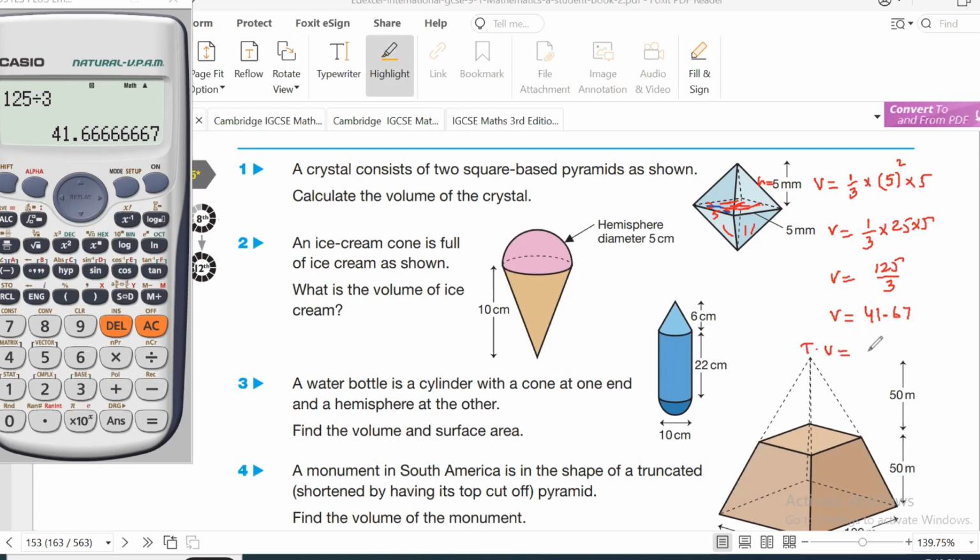Total volume is equal to 41.67 multiplied by 2, which gives 83.33. So we can write 83.3. That is our last answer, 83.3, and it is millimeter cube. I hope it is understandable.